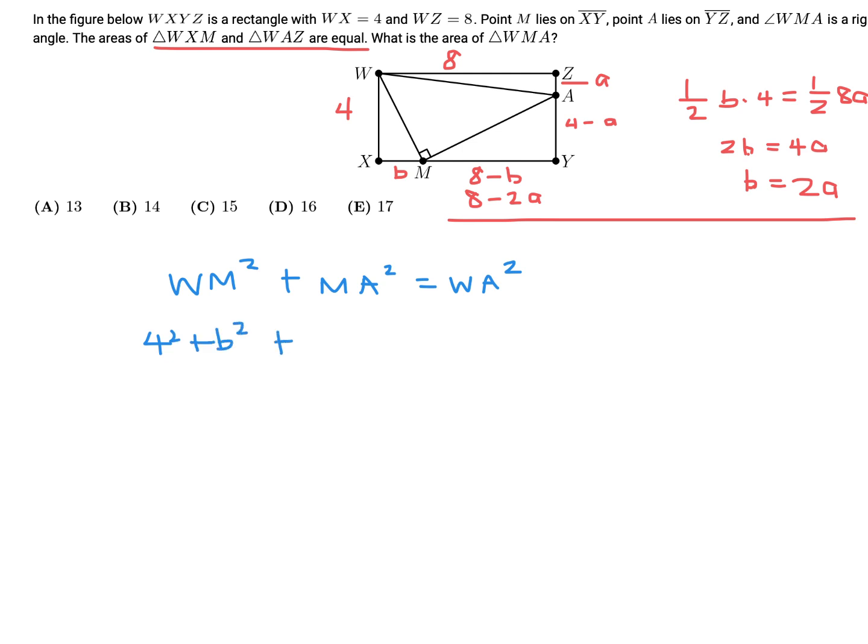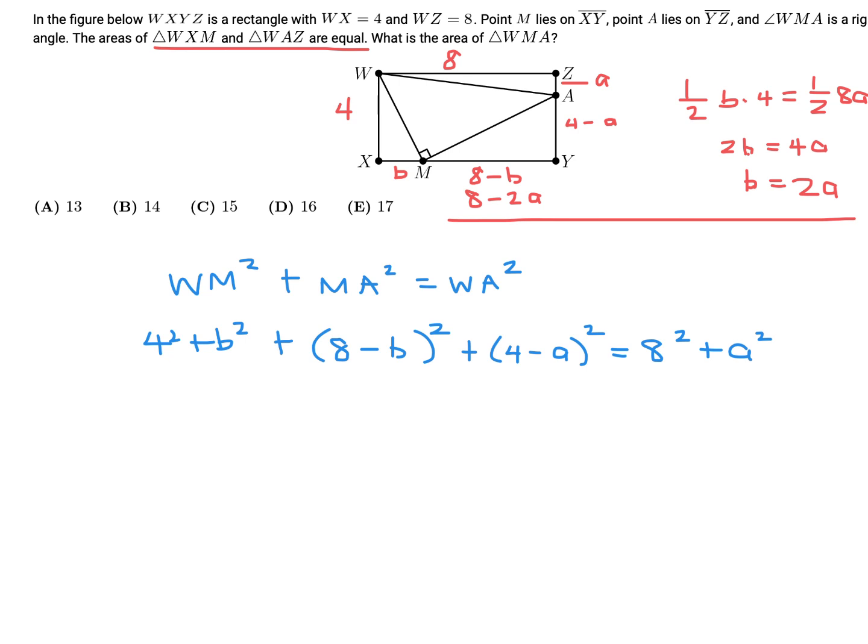And for MA, it would be 8 minus B, I'll substitute it in later, plus 4 minus A, all squared. And then the last one, WA, that would be 8 squared plus A squared.